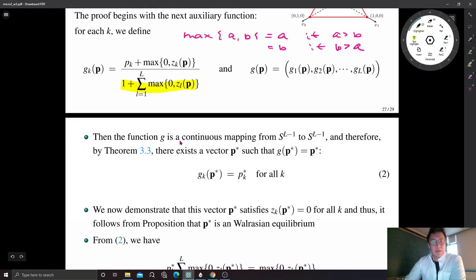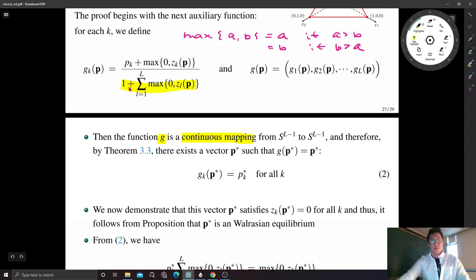Now the thing is, first, g is a continuous function because z, the excess demand function, is continuous, and this is a rational function. So we have to check whether the denominator is equal to 0. This auxiliary function g is going to be continuous except where the denominator is equal to 0.